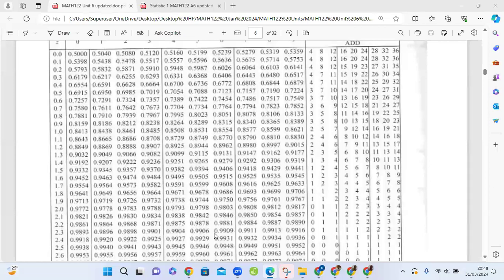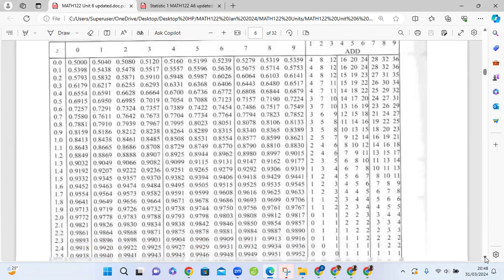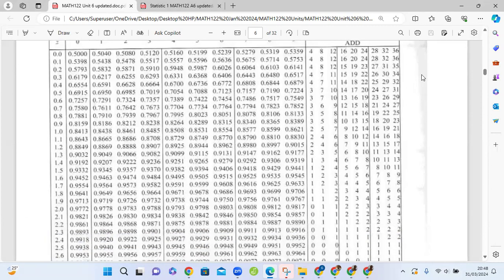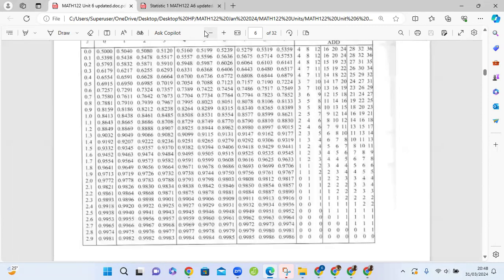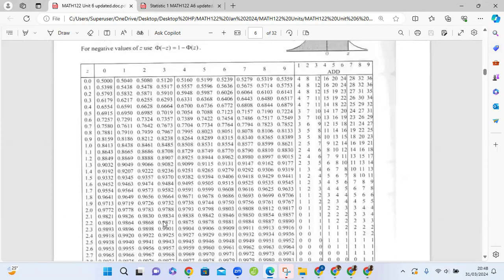So here is 0.9909, here it is, and the z is 2.36.